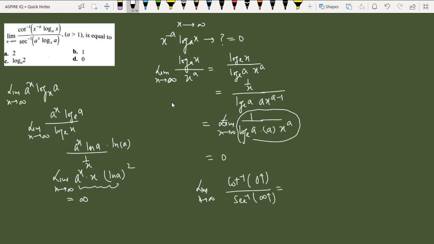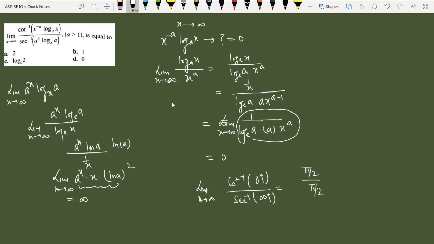So cot inverse 0 is pi by 2, right? Cot inverse 0 is pi by 2.